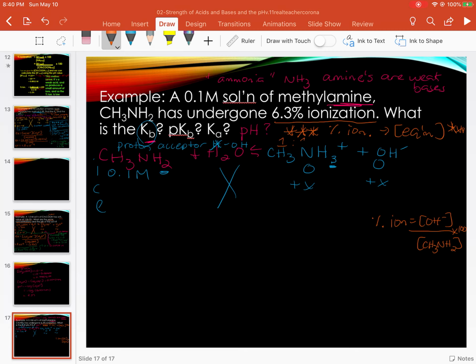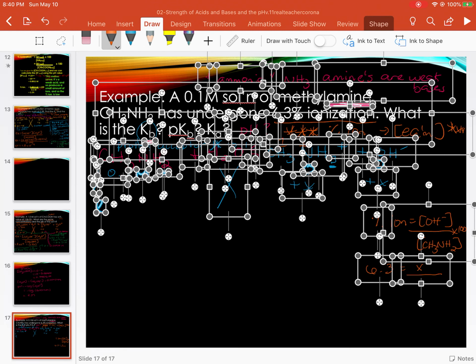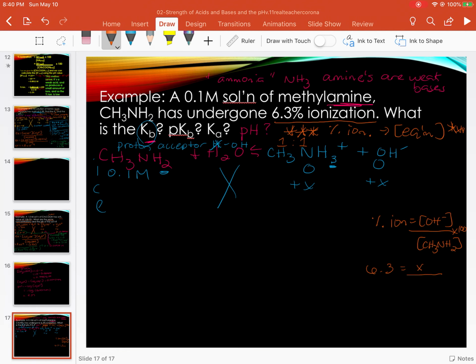And it doesn't matter because they're 1-to-1, right? So they're both the same. So 6.3, and whether you use X or if you leave it as hydroxide, it doesn't matter. Whoa, oops, sorry. 0.1.